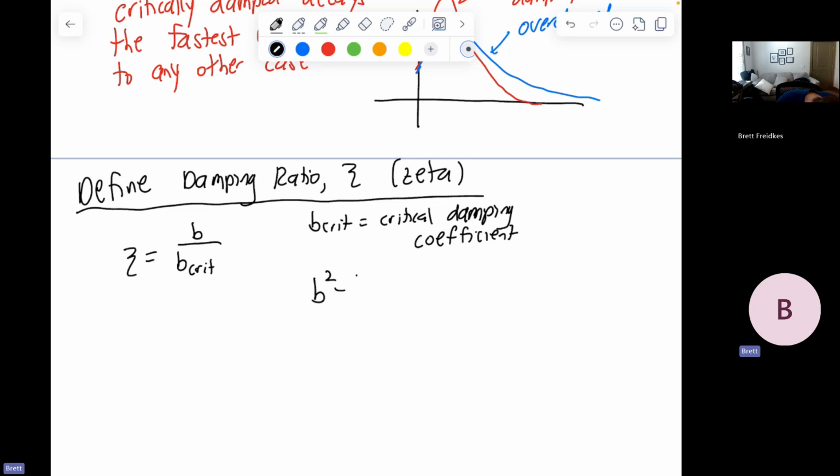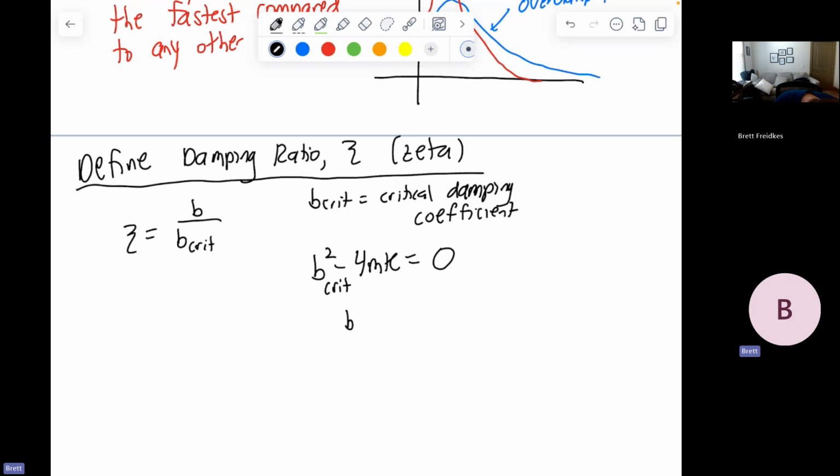In the critically damped case, we know the discriminant is 0. I'm going to say that this is my critical damping coefficient. Depending on the M and the K of the system, we can find what that critical damping coefficient needs to be for it to be critically damped. If you do some algebra, you get 2 square root of mk.